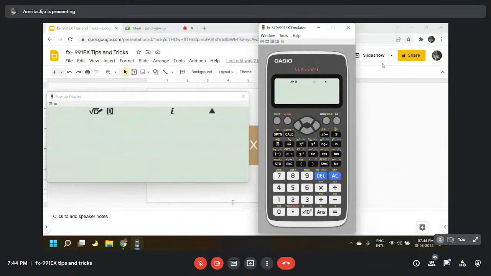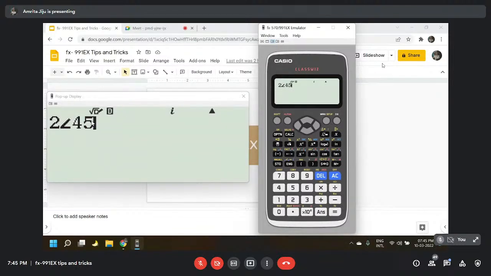Okay, now let's see how to convert a polar form into rectangular form. You take 2, which is the r value, and you have to set an angle for that. To set the angle, you click shift and the ENG button, then say 45 degree, since it's in degree format.